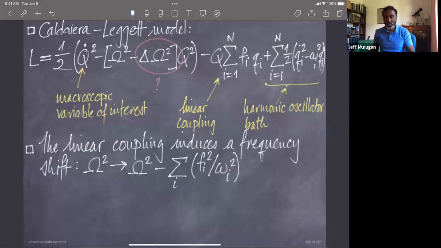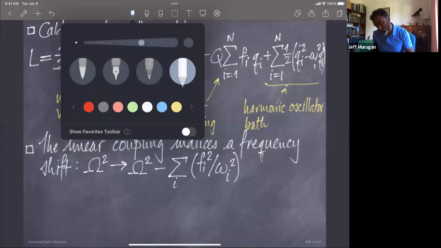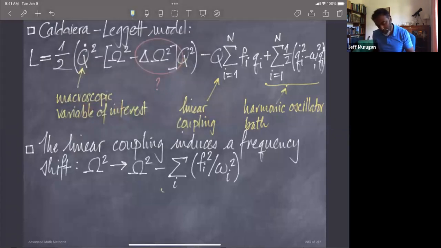So this term here, minus f_i squared over omega_i squared summed over the i's, is what I'm going to define to be delta omega squared, so as to precisely cancel out this term.